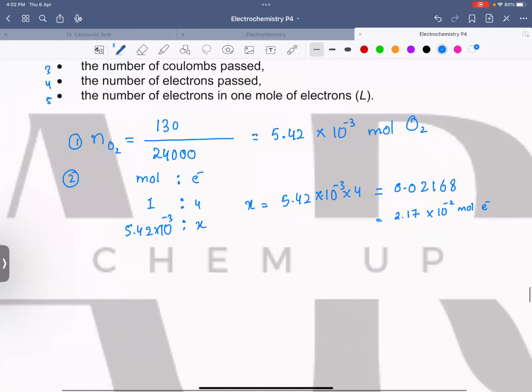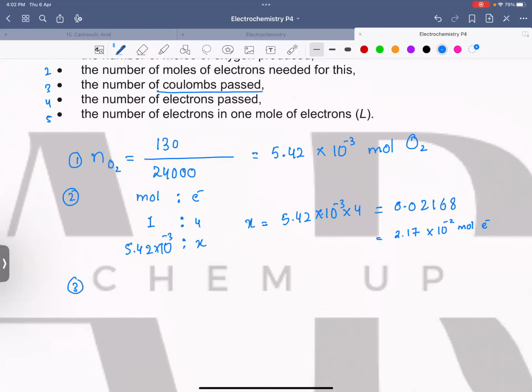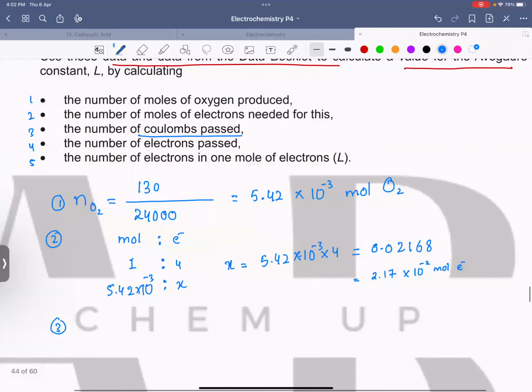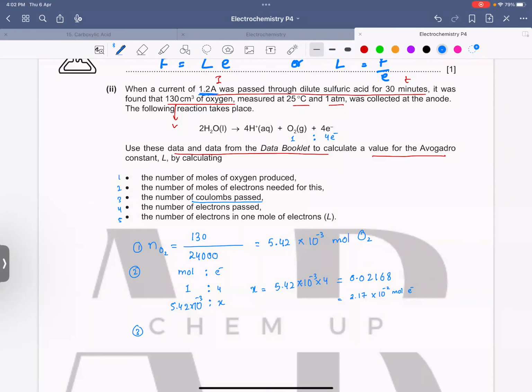Now in the third part, the number of coulombs passed. During this experiment, I have used this amount of current, 1.2 ampere, for 30 minutes. So how much coulomb is passed?